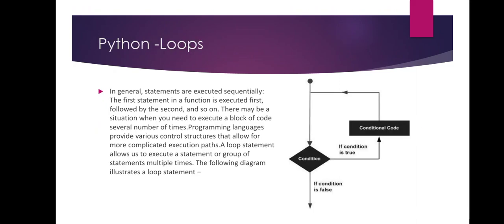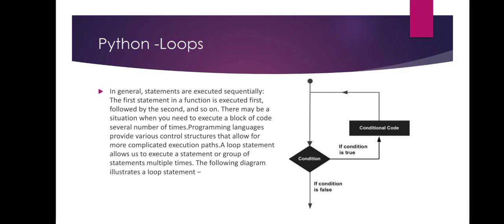In general, statements are executed sequentially: the first statement in a function is executed first, followed by the second and so on. Sometimes we have to use several blocks of statements several times.